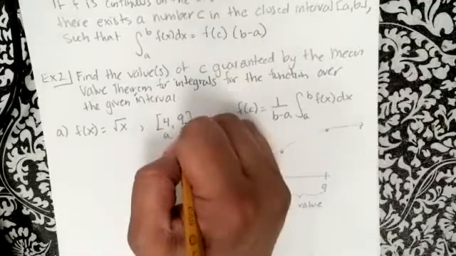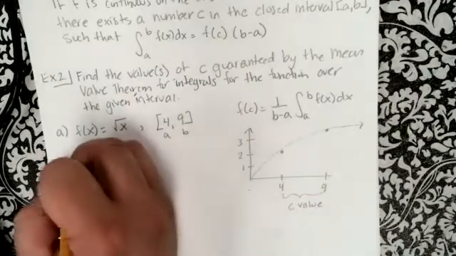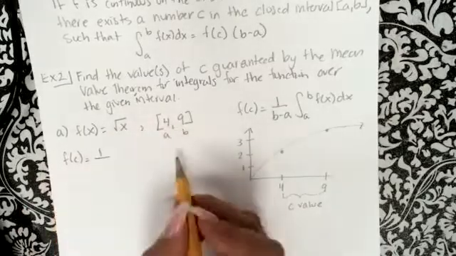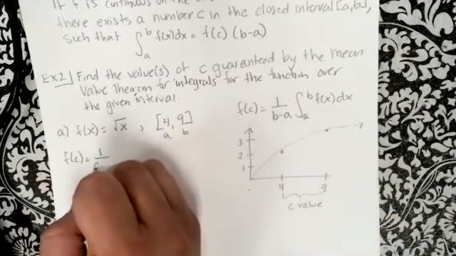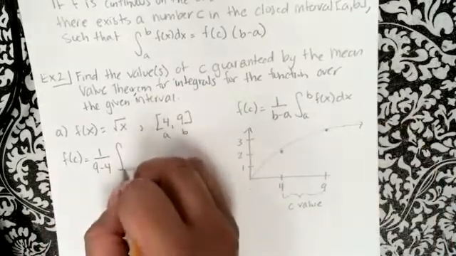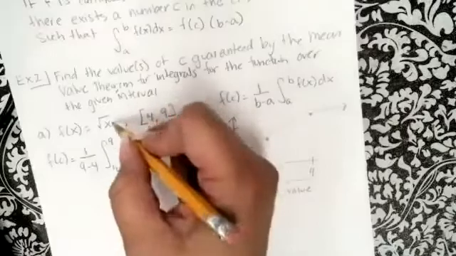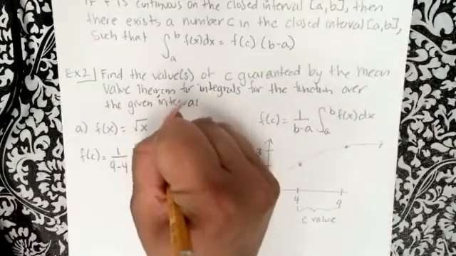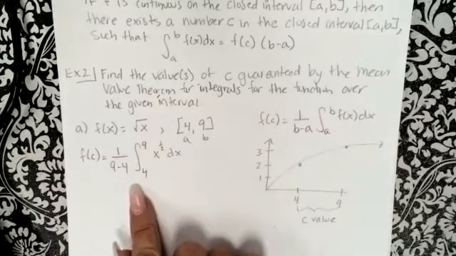This is my a, this is my b. So f of c is equal to 1 over 9 minus 4 of the integral from 4 to 9 of the square root of x, which I'm going to write as x to the 1/2. And do not forget the dx, because you need the dx with the integral.